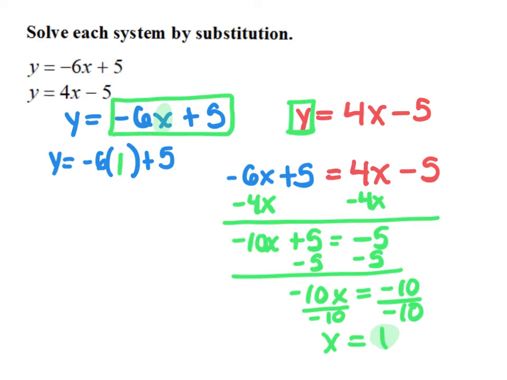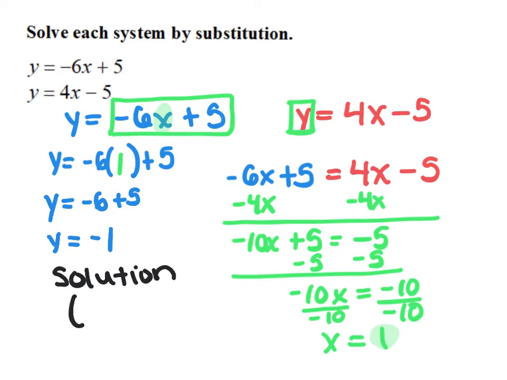So if I finish evaluating, the negative 6 times 1 gives me a value of negative 6 plus 5. And when I combine those, I get y is equal to negative 1. So our solution, written as x comma y, would be 1 comma negative 1.